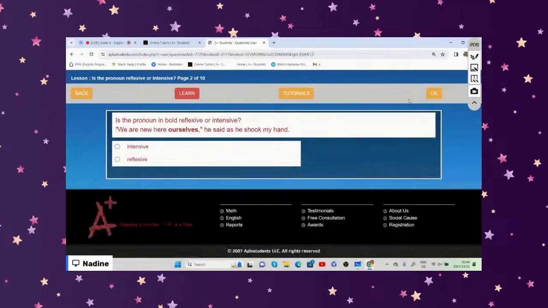Well done, guys. We are now here ourselves, he said as he shook my hand. Is that an intensive or a reflexive pronoun? We are now here ourselves, he said as he shook my hand.